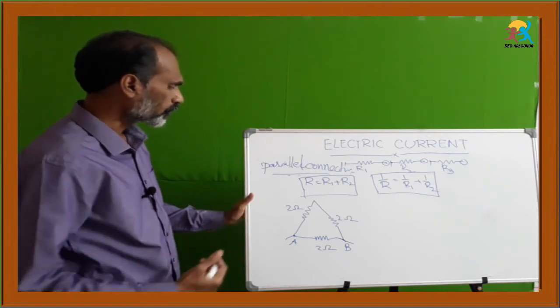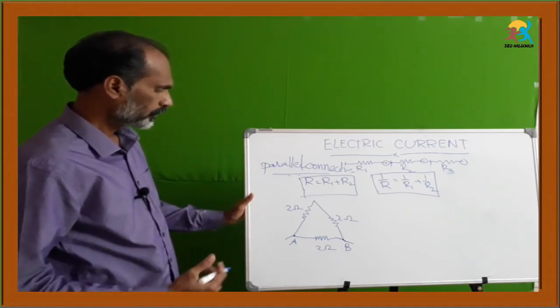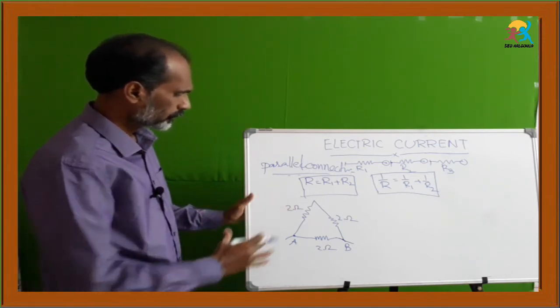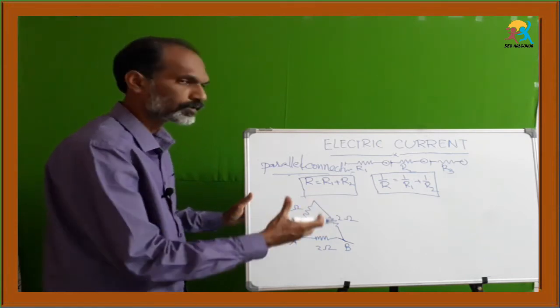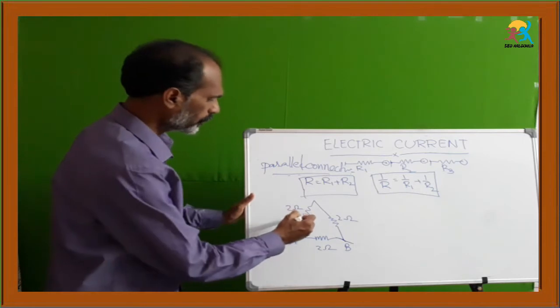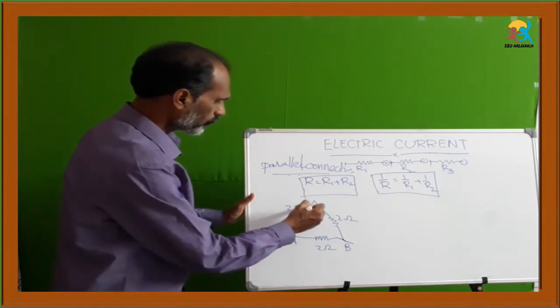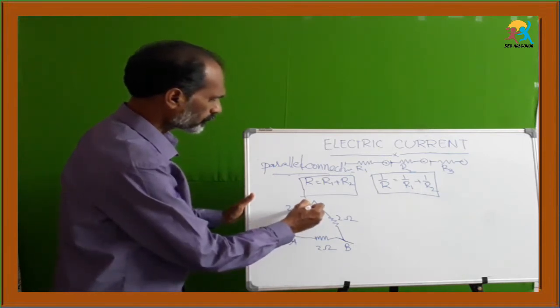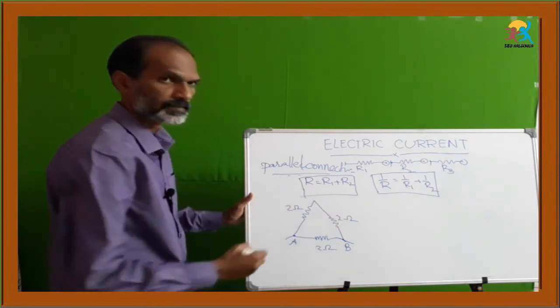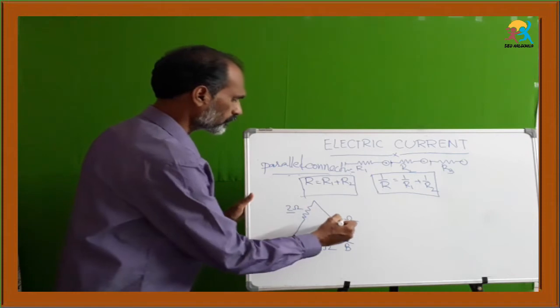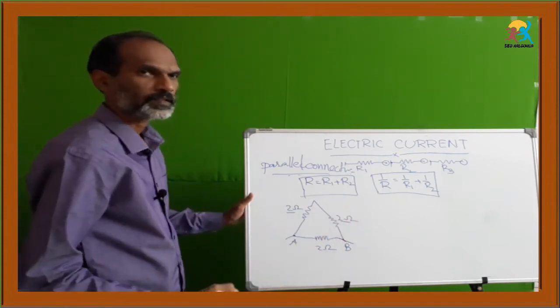To solve this problem, we have to divide these different resistors into those which are in parallel and those which are in series. See, one end of this resistance is connected to the other end of this resistance. So this 2 ohms and this 2 ohms are in series connection.